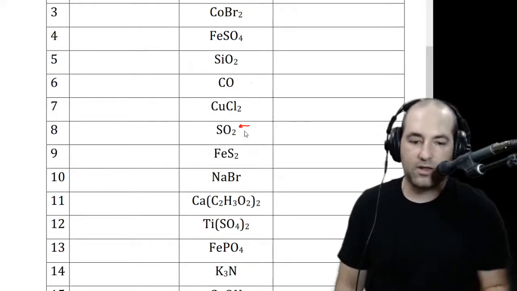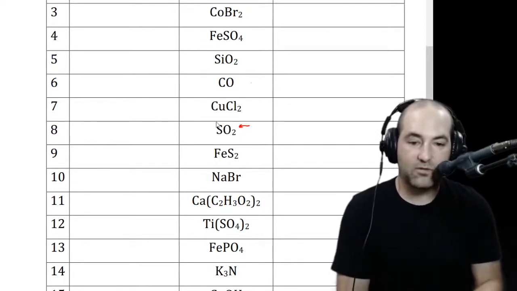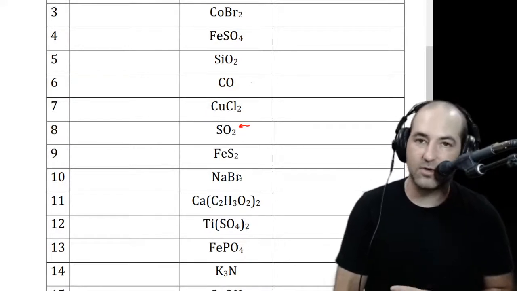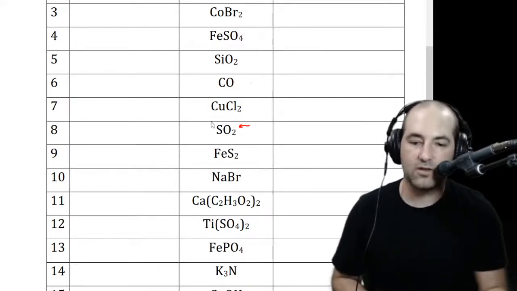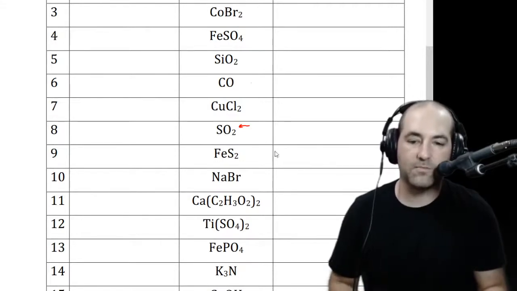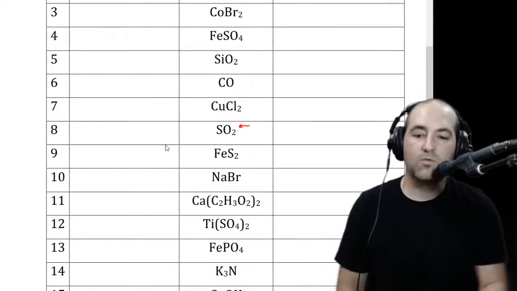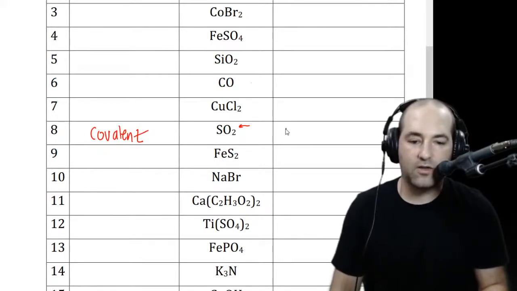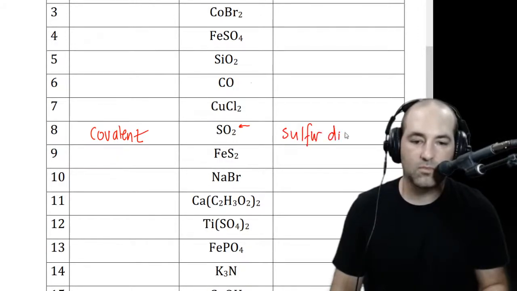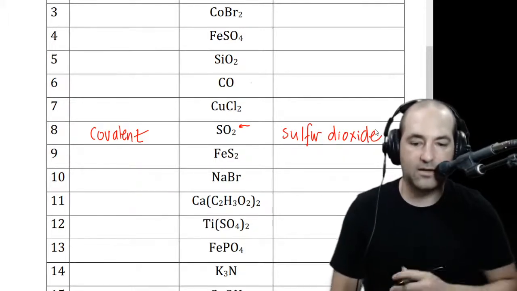Yeah, this one's covalent. So it looks like those polyatomic ions we just talked about, but since there aren't multiple of them or metals or anything like that, that's got to be covalent. So once we know it's covalent, we can use our nice prefixes and just call this one sulfur dioxide.